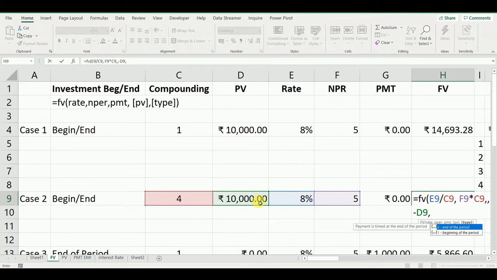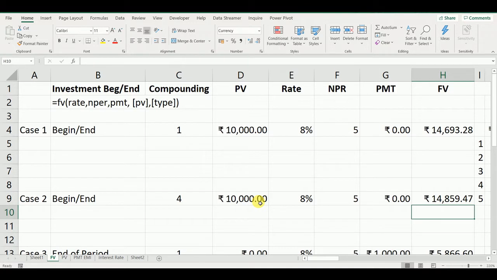Now again we can leave it blank and press enter. So you can see by merely changing compounding from yearly to quarterly, the difference in amount is 166 for every 10,000 rupees.